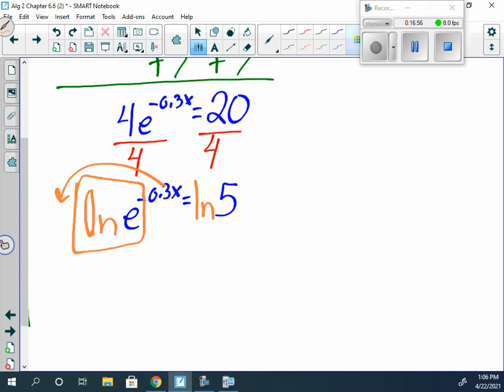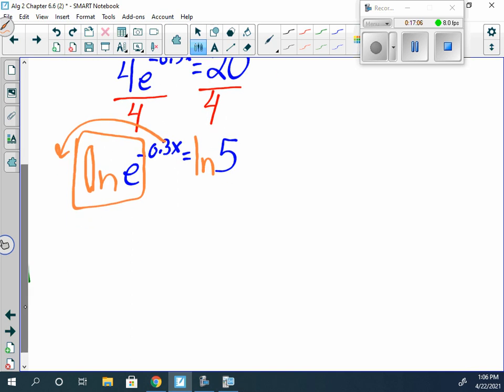I found it an interesting way to remember it, because if the L kind of looks like a 0, we have O-N-E, 1. The natural log of e is 1, which just really leaves us the exponent of negative 0.3x is equal to the natural log of 5.